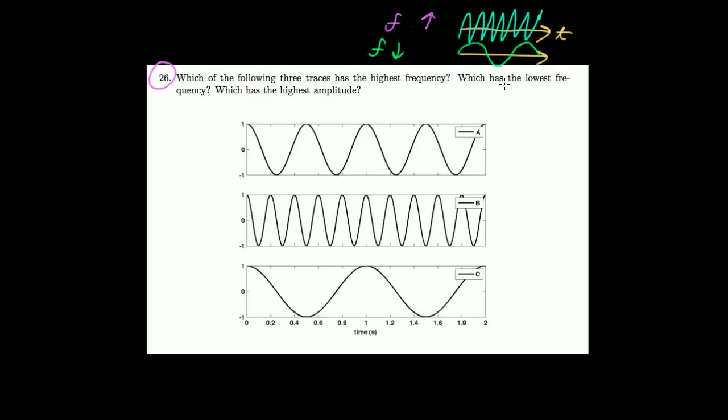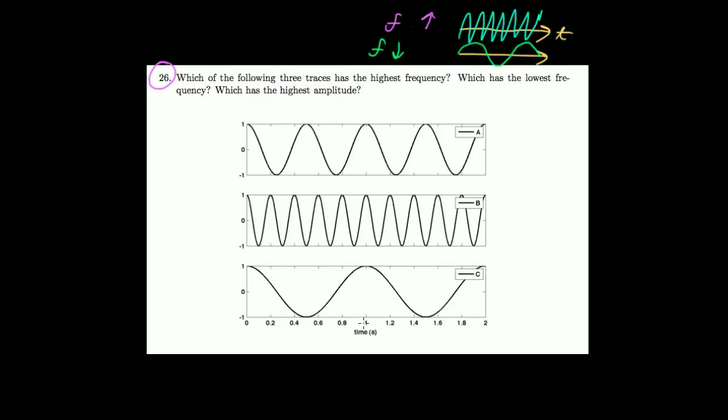Does it repeat very frequently over a given amount of time, or does it repeat less frequently? So that's pretty much what you're looking for. We can also see, and this is important when you're doing these types of problems, if they are on an exam, the real challenge is just reading the time axes.